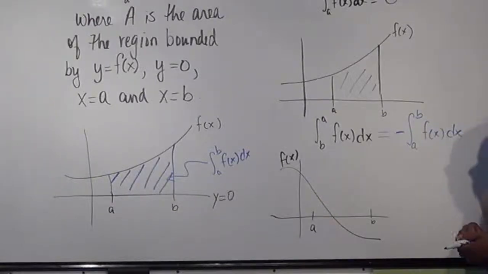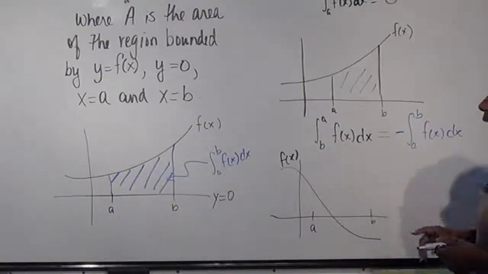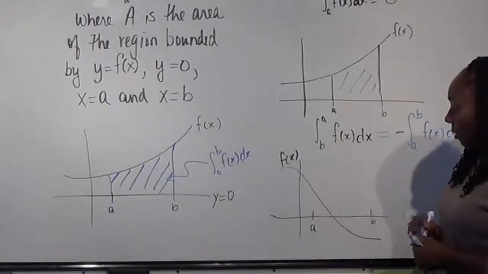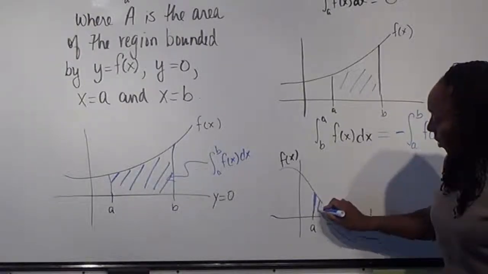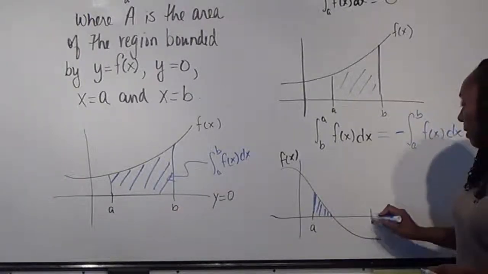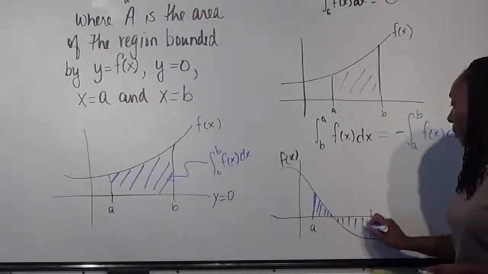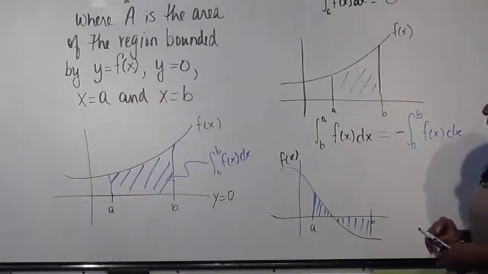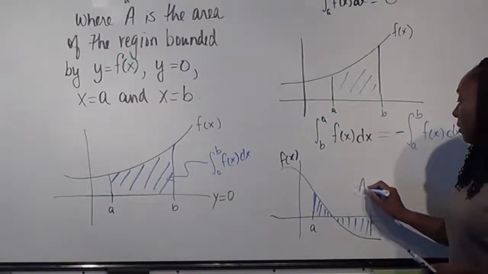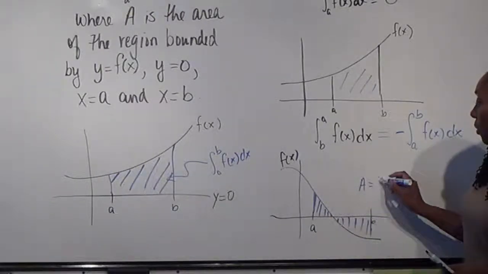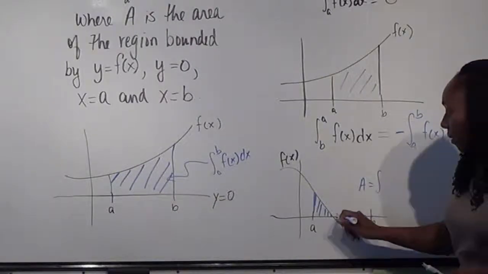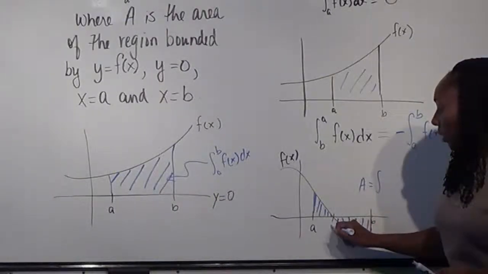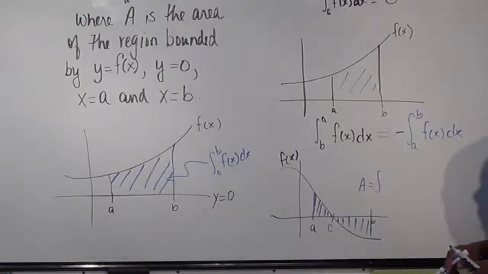And so if I want to find this area, meaning looking at the region between that and the x-axis on both parts, then here my area is going to equal the integral. We've got to find this point in here, which I'm just going to call c.